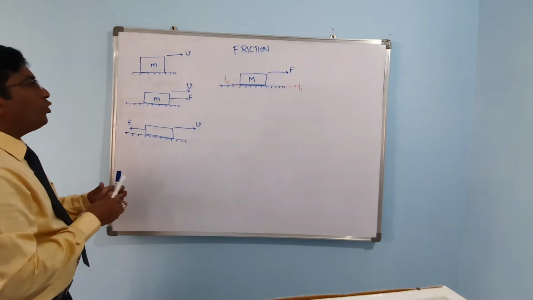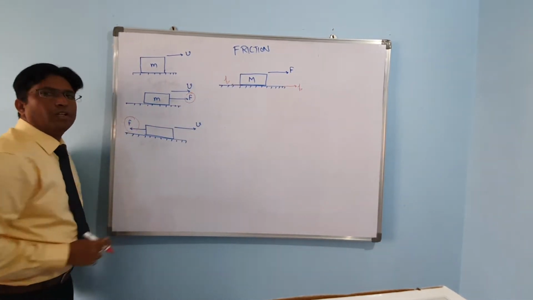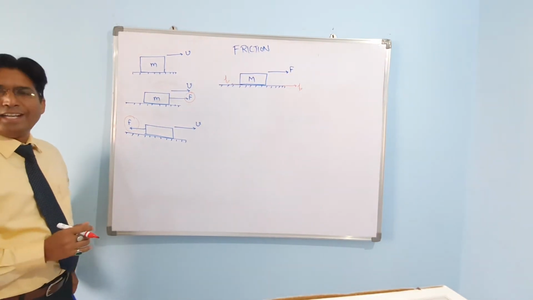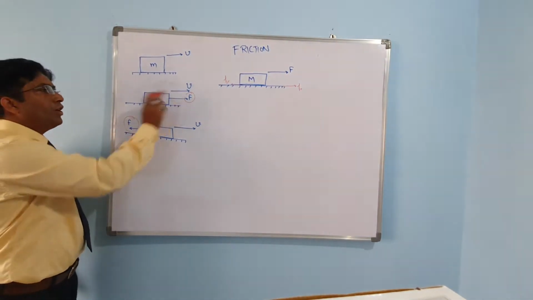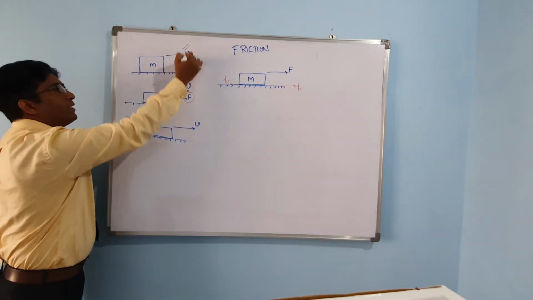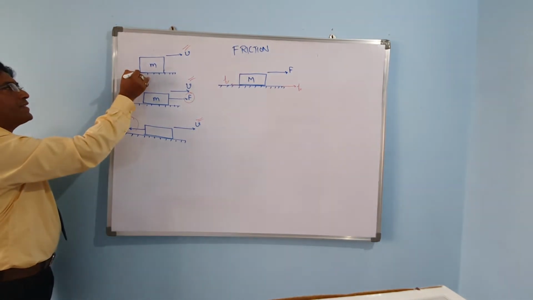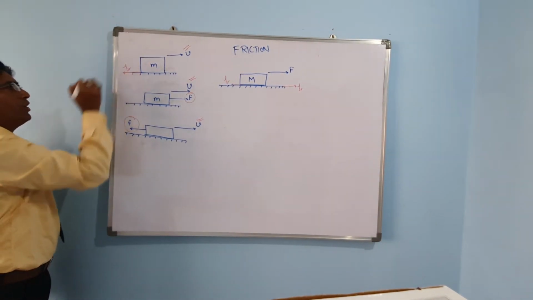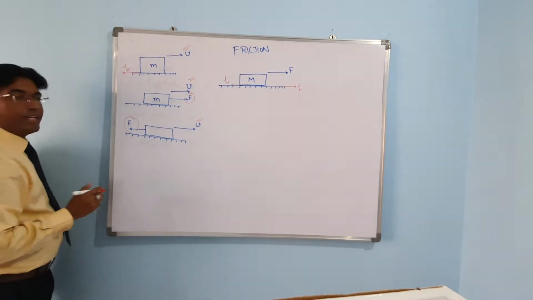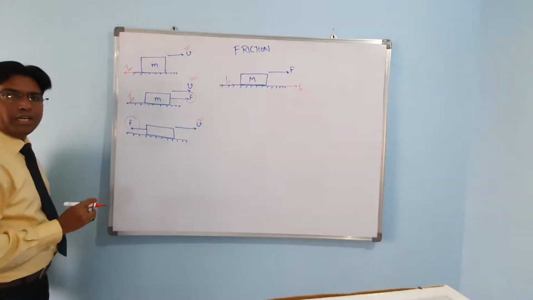You need not look at this, it is not relevant. If the block is already in motion, it will not be of any use. Friction will be acting as per the direction of motion. So in the first case, friction will act on the block to the left side. In the second case, again to the left side.